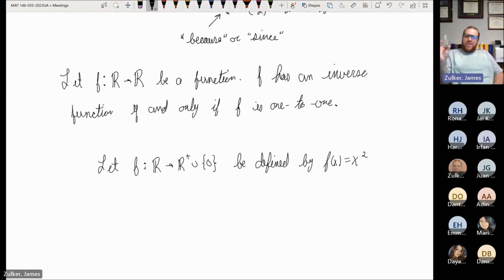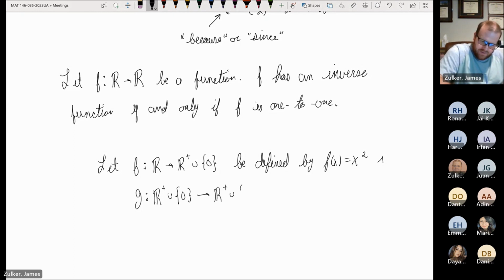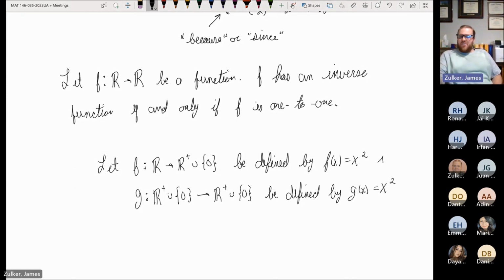All right, so look at x squared. First, consider the domain as all real numbers. Same function, g of x is still x squared, but now notice I changed the domain to be only non-negative real numbers. Right, so 0 to infinity.